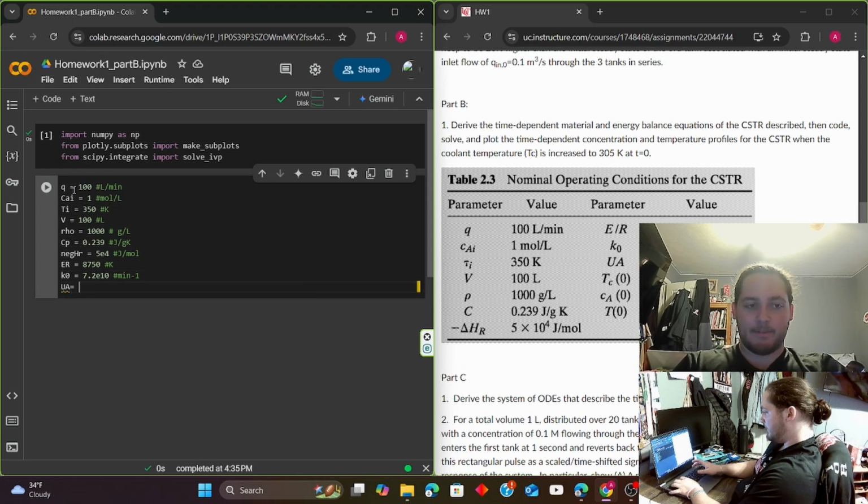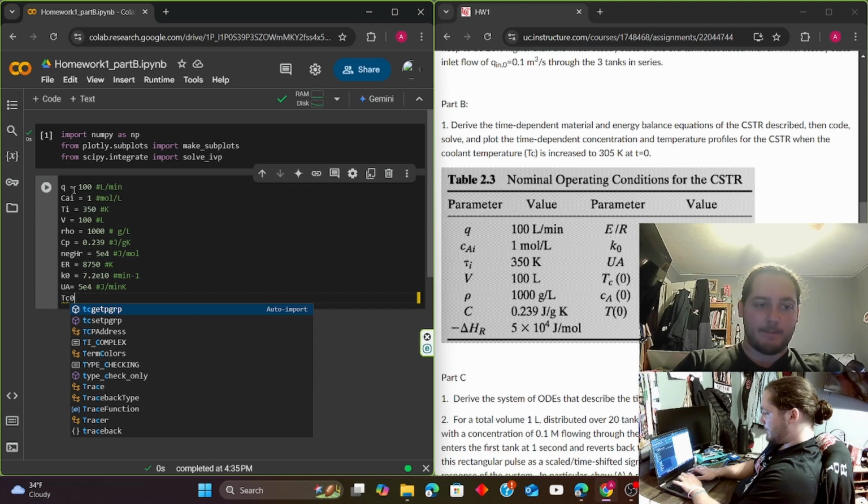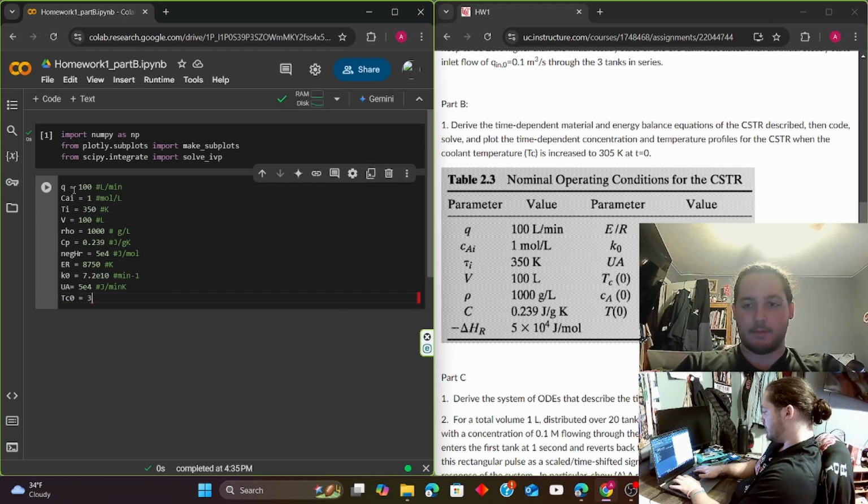UA, our heat transfer coefficient multiplied by the area of heat transfer, is equal to 5e4, units of joules per minute Kelvin. Our TC naught is equal to 300 Kelvin.